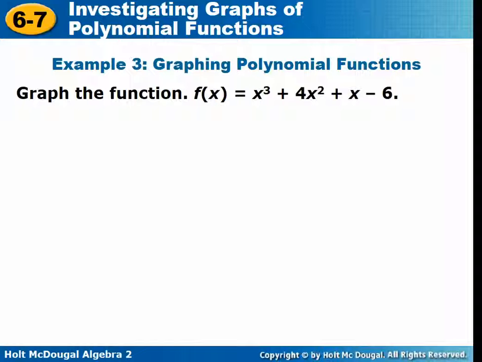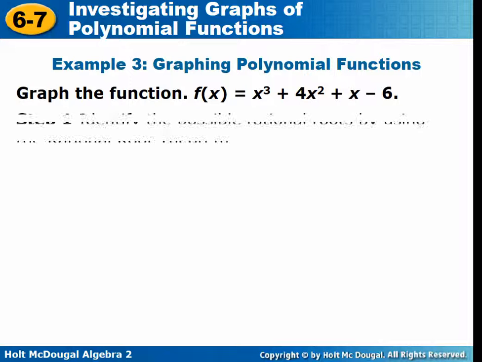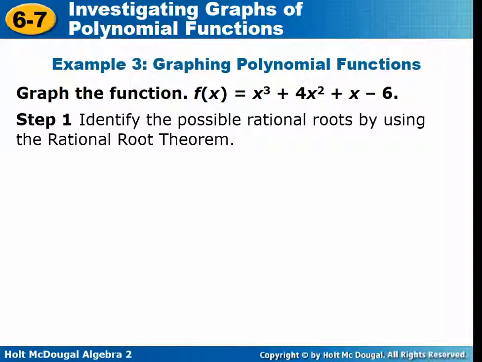All right, let's look at those steps with this example. f of x equals x cubed plus 4x squared plus x minus 6. There's a lot of things we know about it already. The first thing we're going to do is try to find the possible rational roots by using the rational root theorem.